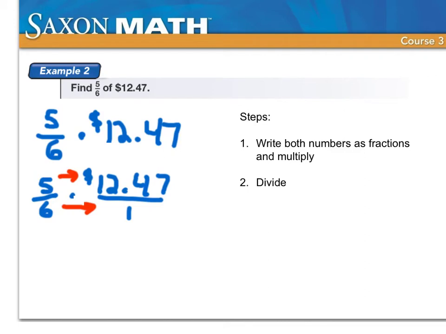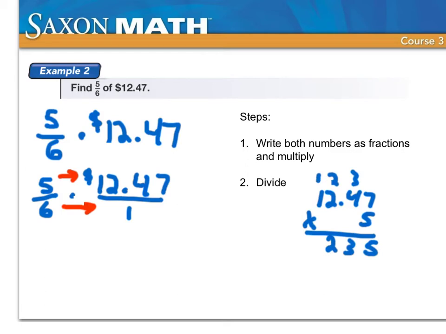So I need to show some work. I need to do $12.47 times 5 to get my new top number. That's 35, carry the 3, 20 plus 3 is 23, carry the 2, 5 times 2 is 10, plus 2 is 12, and I carry the 1, 5 times 1 is 5, plus 1 is 6.